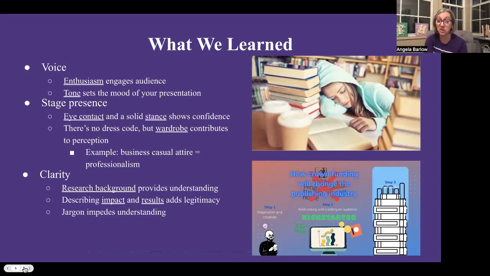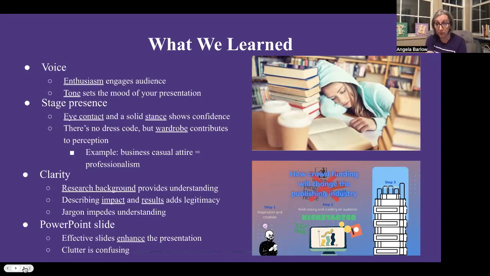Providing impact in your results is also important. And then the PowerPoint slide is important. Billy's presentation, and I mentioned there were some things that we had to work with him on afterwards. One of those was getting his PowerPoint slide. I believe the picture up here on the top is where we ended up, something similar to that, so that he had that for his next level of competition.